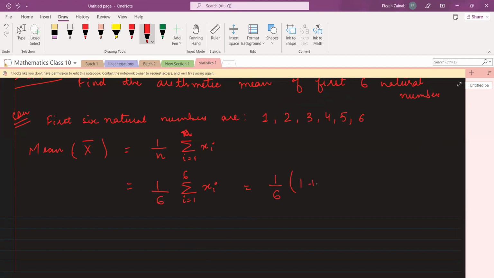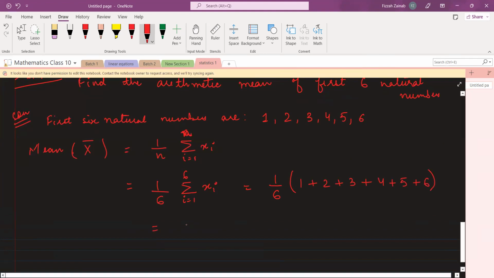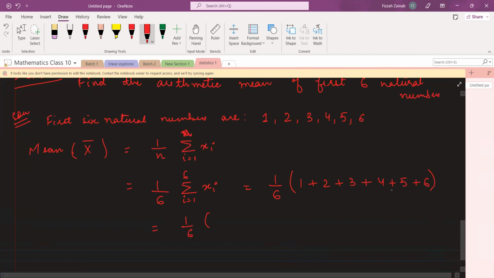So 1 plus 2 plus 3 plus 4 plus 5 plus 6. So 1 upon 6 into the sum, which is 21. So I'm getting 21 by 6.